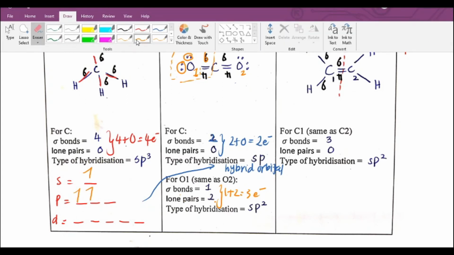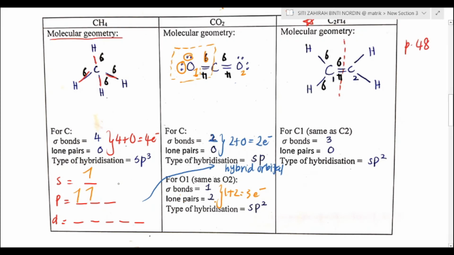So we've used 1 s orbital and 2 p orbitals. So the type of hybridization would be sp2 hybrid orbital. The last structure is C2H4.